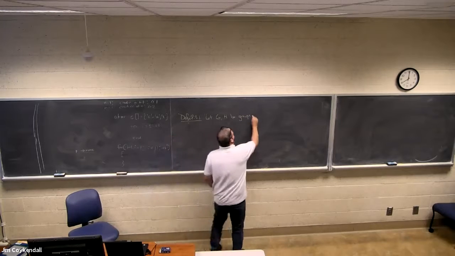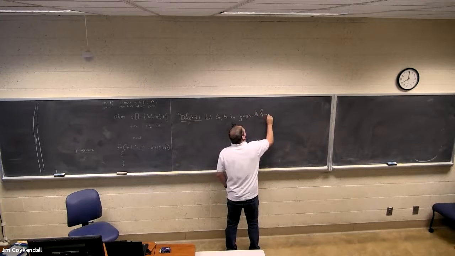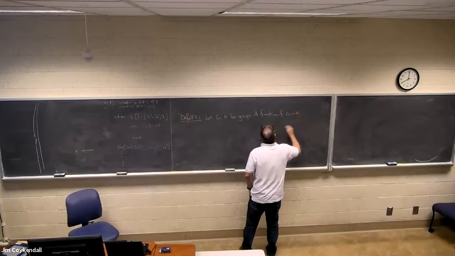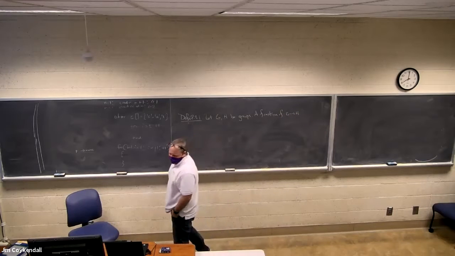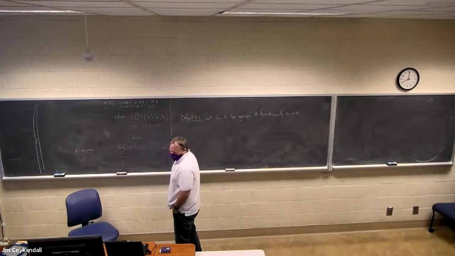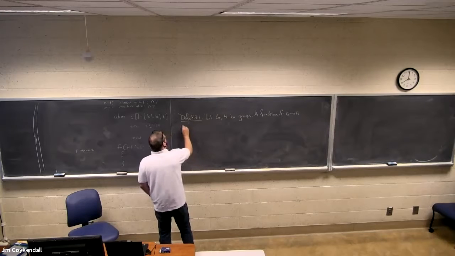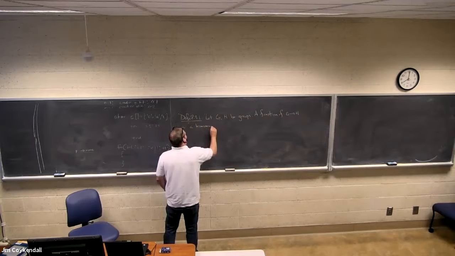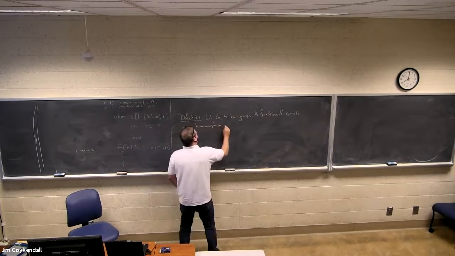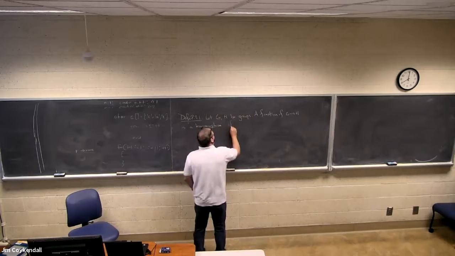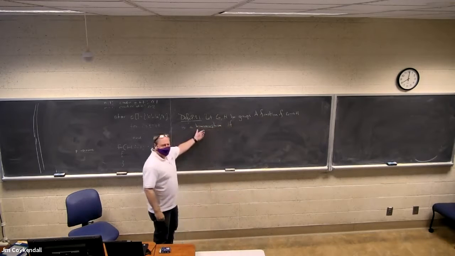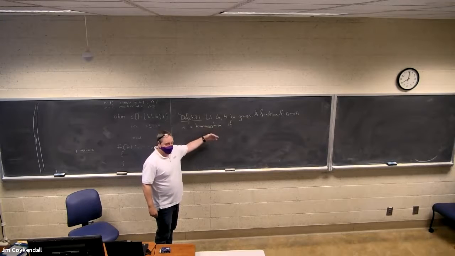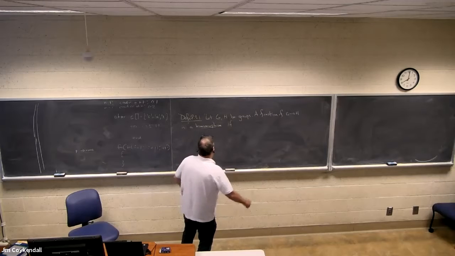A function f from G to H is called a homomorphism if we satisfy this. So this comes from root words, homo meaning same, and morphism being change, right? So what do I mean by same change?